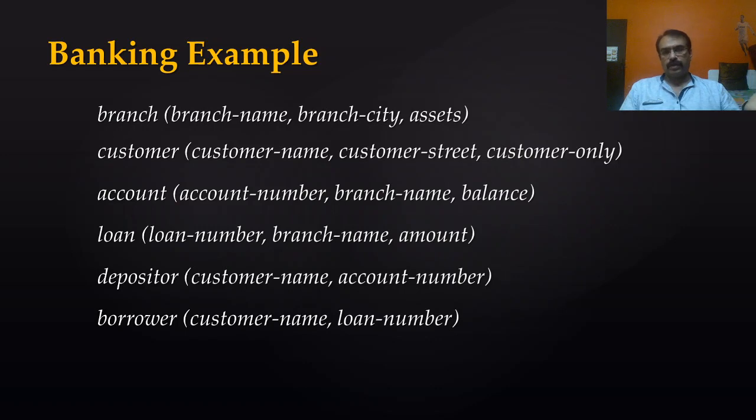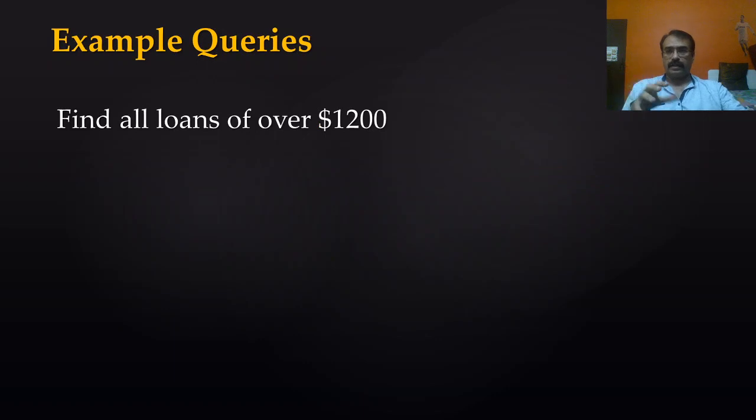You can refer to the banking slide which we already shared with you, in which we have branch, customer, account, loan as the entity sets and depositor and borrower as the relationship sets. No need to explain this. We'll directly switch over to the examples, and all these examples we have already taken in SQL, so it will be easy for you to understand.